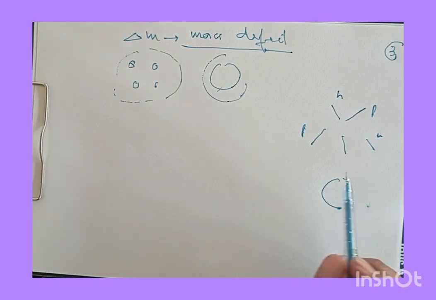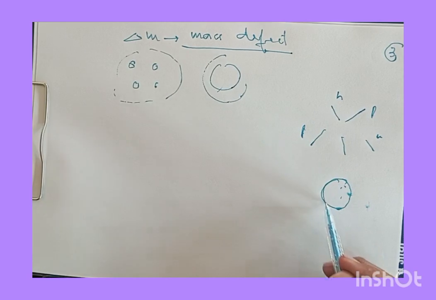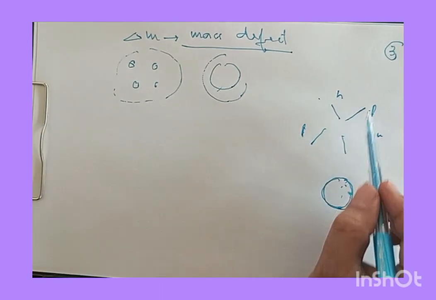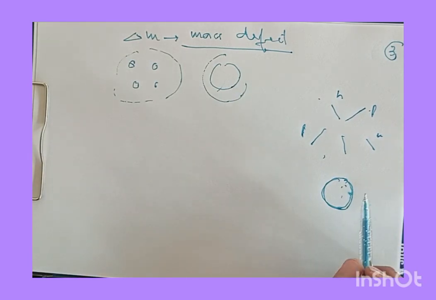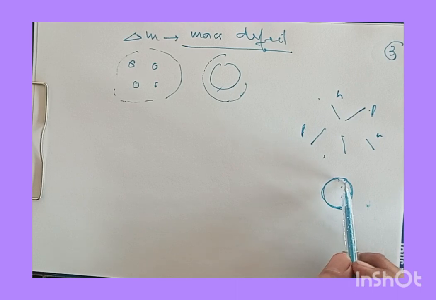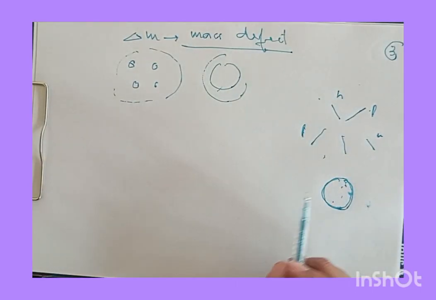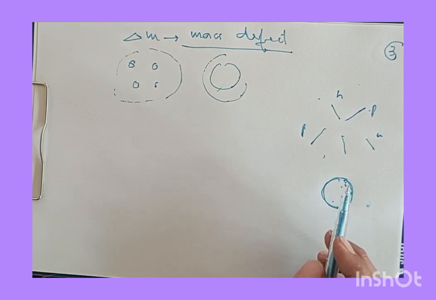The mass of the nucleus so formed is less than the sum of the masses of these constituent particles, right? So the difference of the mass between the nucleus and the nucleons is called the mass defect.